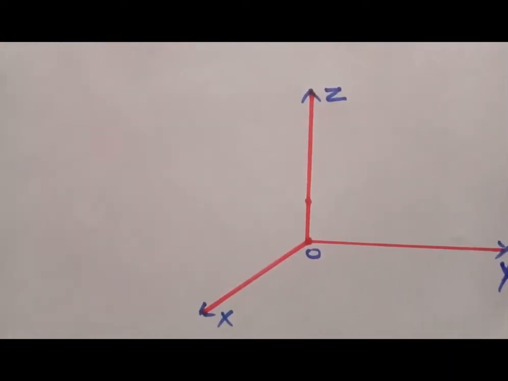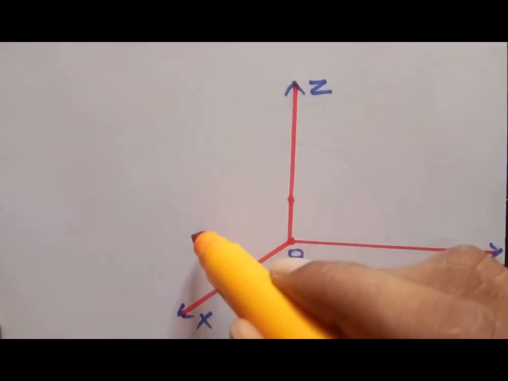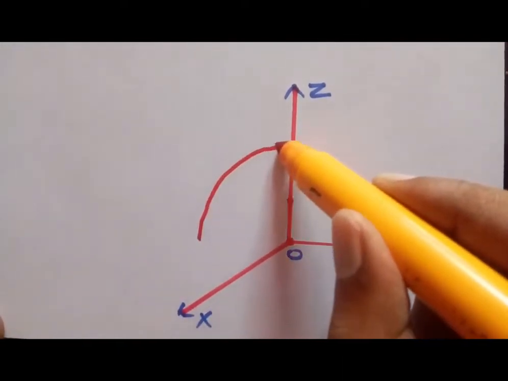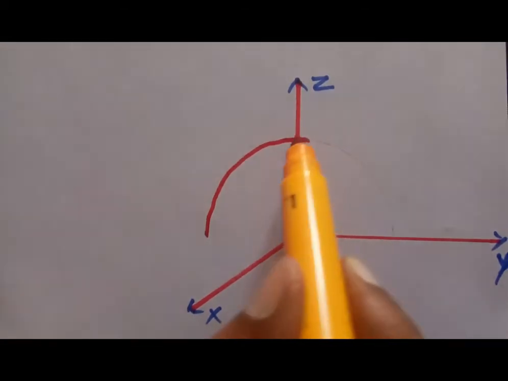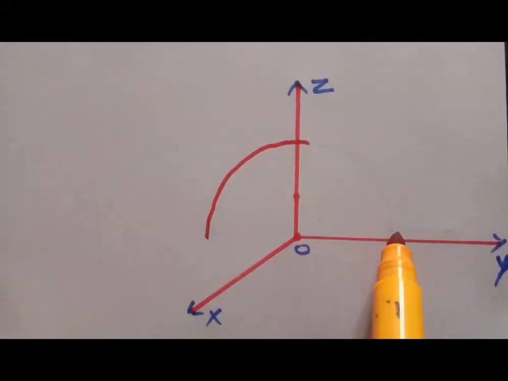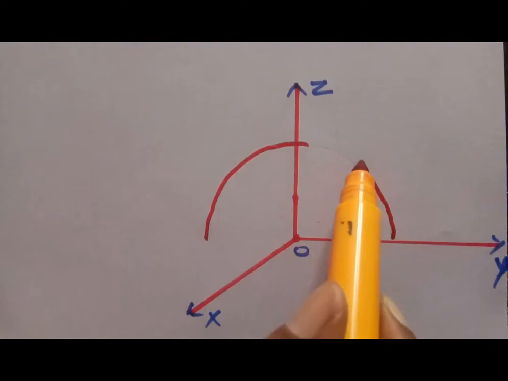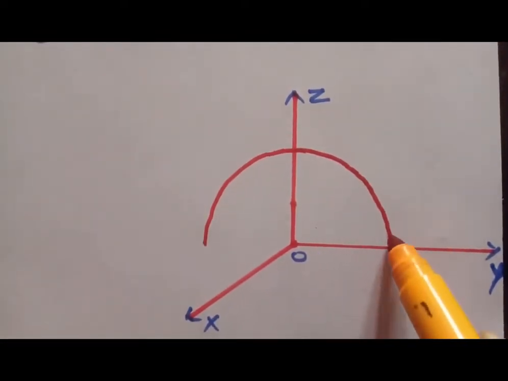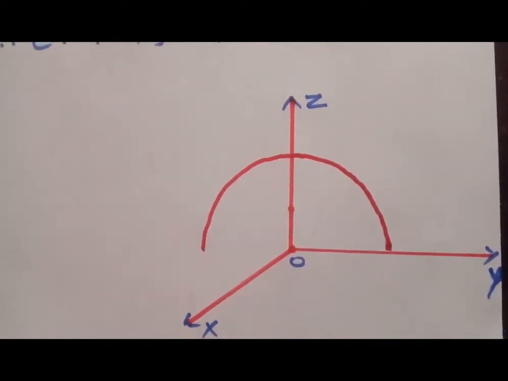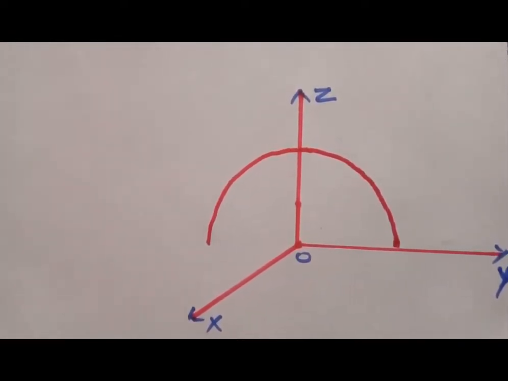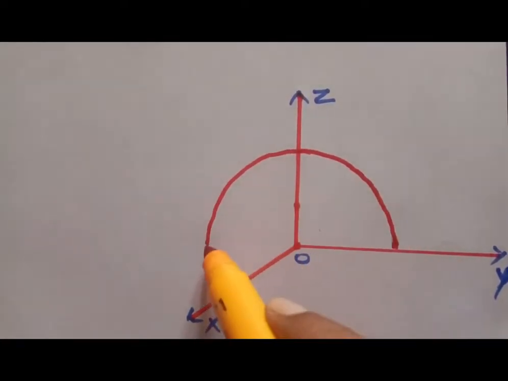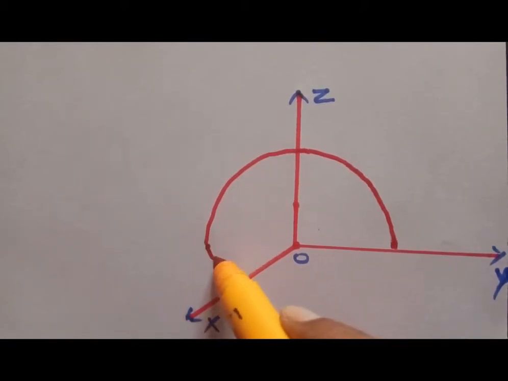Now the upper half of the sphere, this is the upper half of the sphere, and its projection on the xy plane is its boundary. Now this can also be joined.